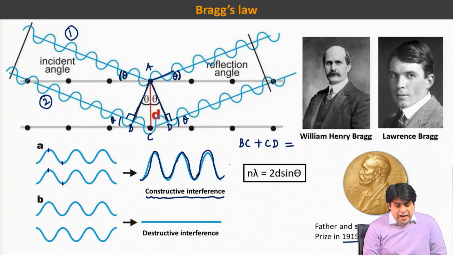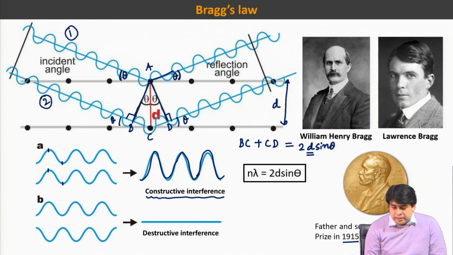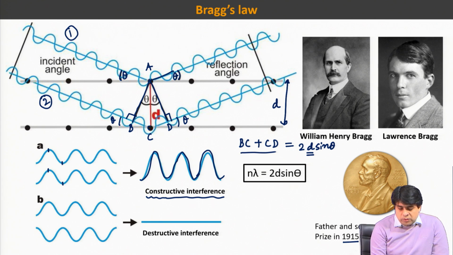If you solve it with trigonometry, BC plus CD will be equal to 2d sin theta, where d is the interplanar distance, the distance between the two planes. If you solve this, it will equal n lambda, and in this way Bragg introduced this formula.